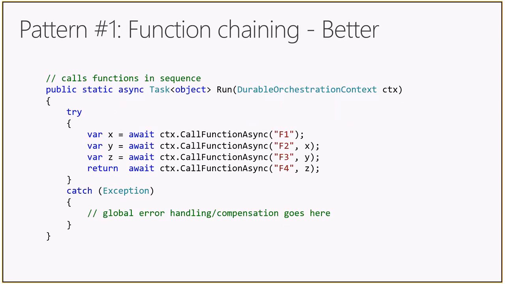As that call completes, it will come back to it and move on to the next one, and the next one. So there is this async pattern built into the durable function. That's how it's working. And then you have the error handling and compensation that goes here.